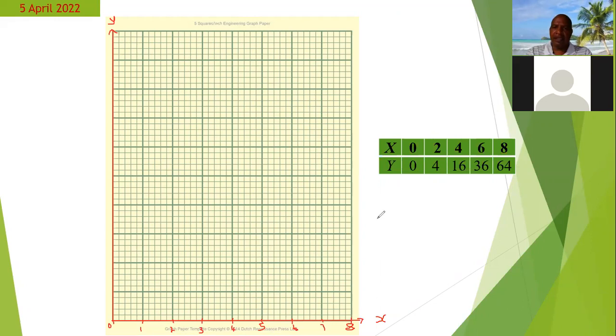You need to write your scale somewhere on your graph paper, at a place where it is not in the way of your work, but it is clear enough that whoever is marking your paper can see it. So 1 centimeter represents, or equals, 1 unit on the x-axis. That's the scale for the x-axis.